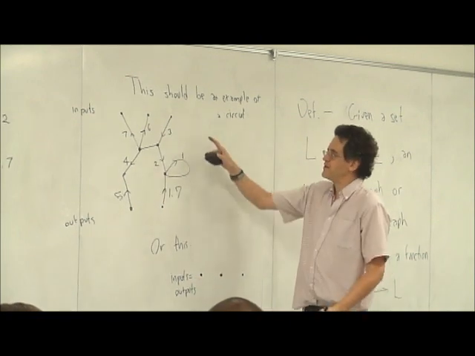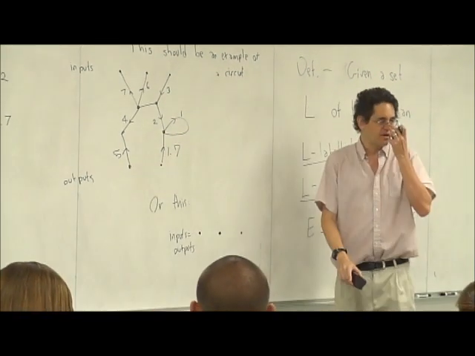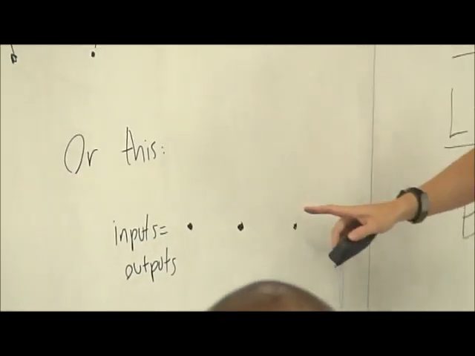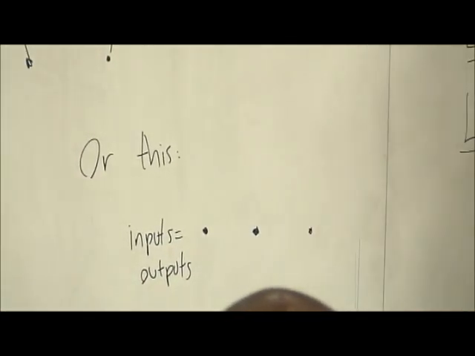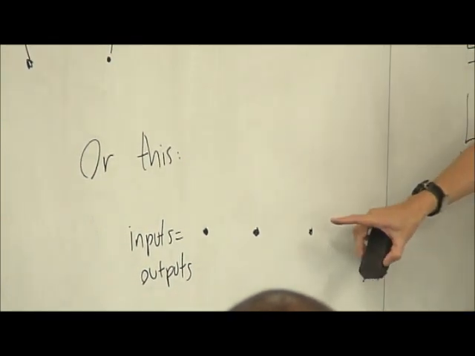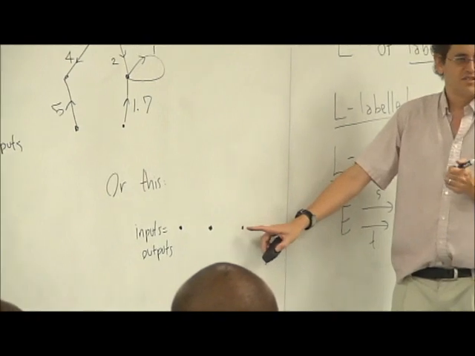So I never said that the set of inputs has to be disjoint from the set of outputs. So you should have expected that something like this could happen, that they could be, in fact, the same set. But you might say, what kind of circuit is that? That's a pretty stupid circuit.